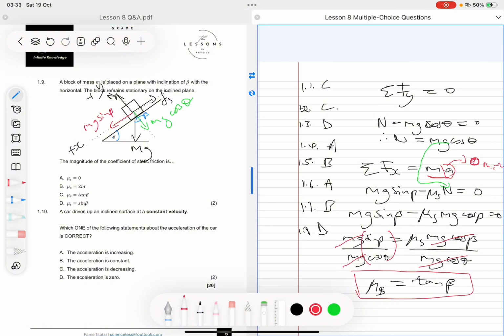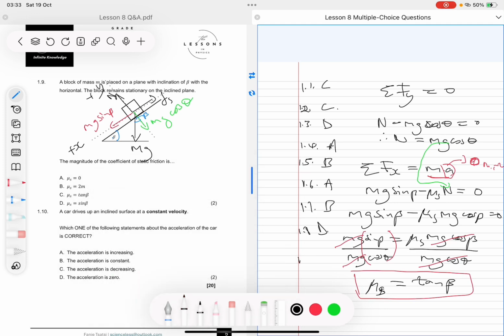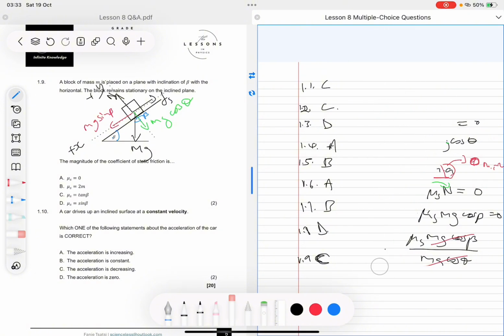So we have C as our option, right? We have C as our option. Let me just erase that quickly so that our answers are clear.